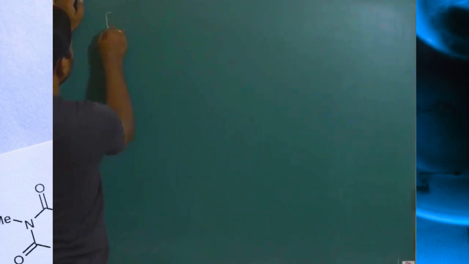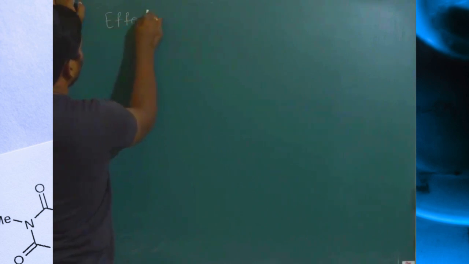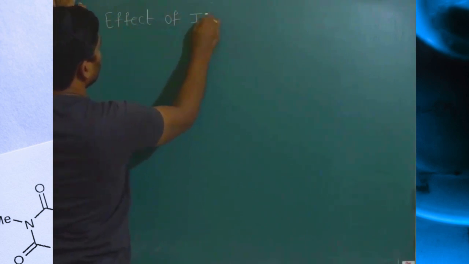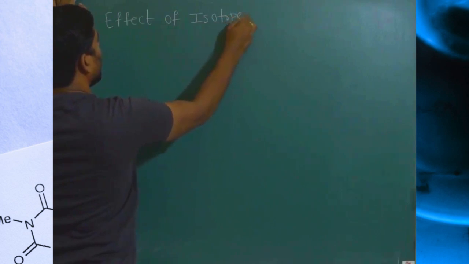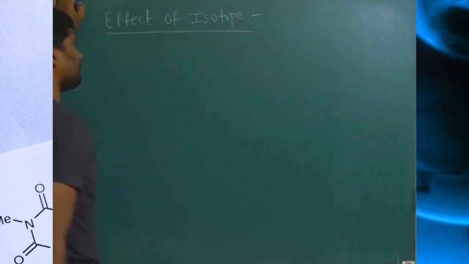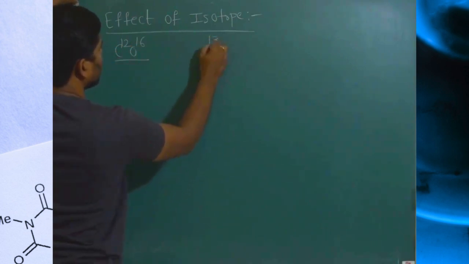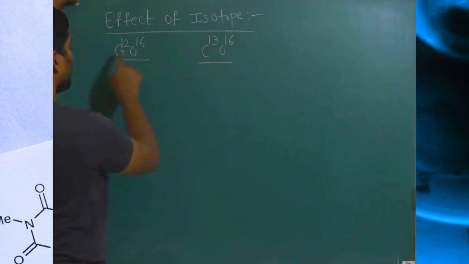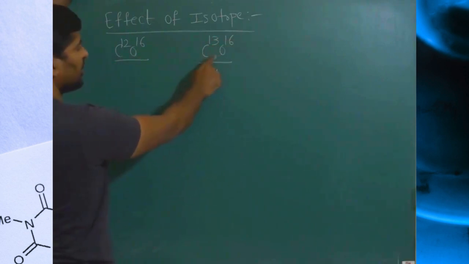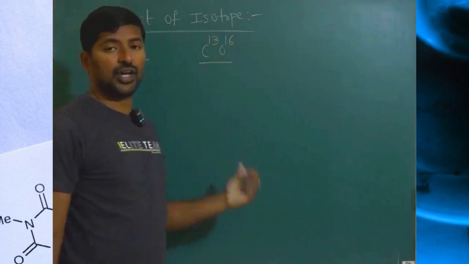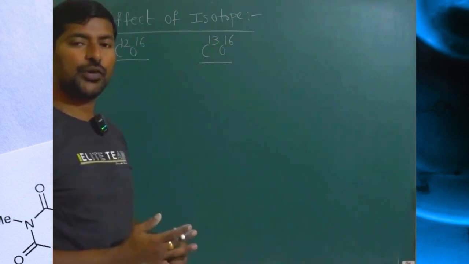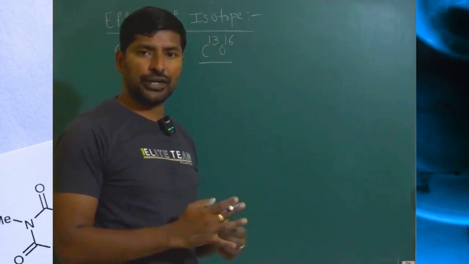Next, what is the effect of isotope on microwave spectra? Okay, for example, we are taking C12O16 and C13O16. Carbon lighter isotope C12 I am taking and its heavier isotope C13 I am taking. Now is there any effect on rotational spectra or no effect on rotational spectra?